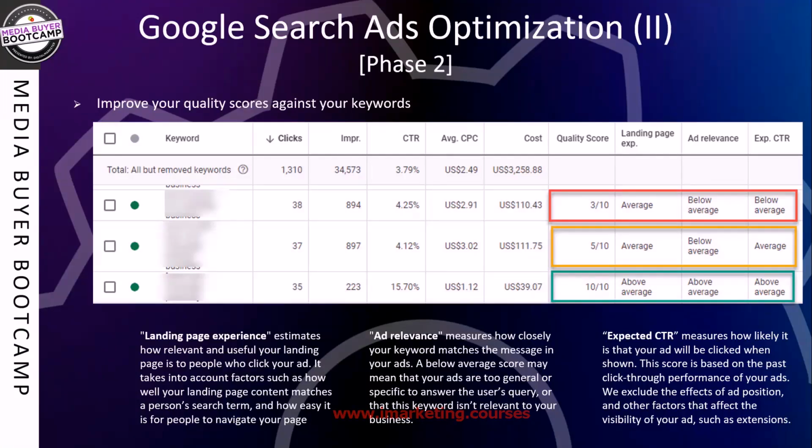You can get scripts which can do things like shut down the ad if the CTR is very low, for example. I'm not too sure if there's a script which will add to the negative keyword library automatically, but I'm pretty sure it would be there by now. It's just a piece of code that you need to put in, setting up these rules, and they're called Google Ads scripts.